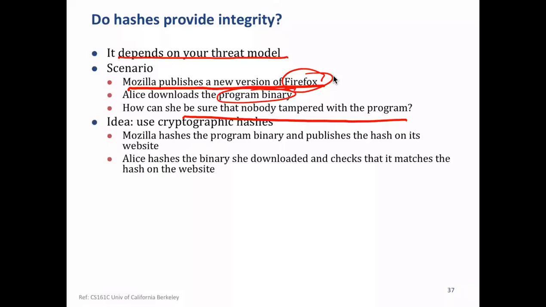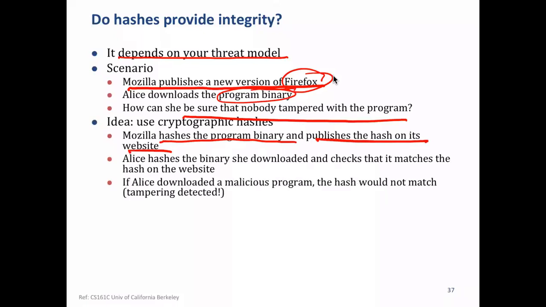Mozilla will find the hash of that binary and publish it somewhere. Now you download it from one website and then you go to, for example, some other website where the hash is published. Then you create the hash of the binary that you have received and match that hash value with the hash value available on the website.